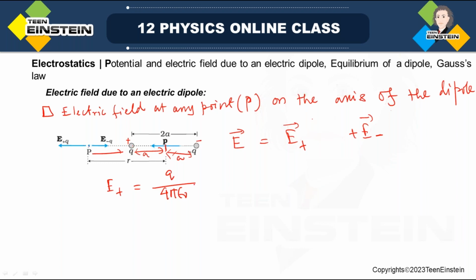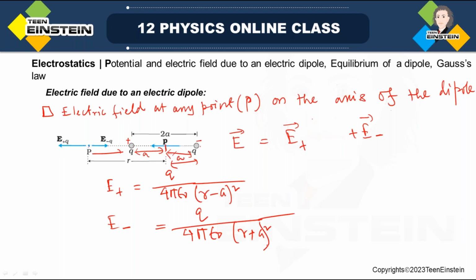So this much is r minus a whole square. Similarly, if you see this charge, so this a will be added: 4 pi epsilon 0 r plus a whole square. Okay, so these are two electric fields.